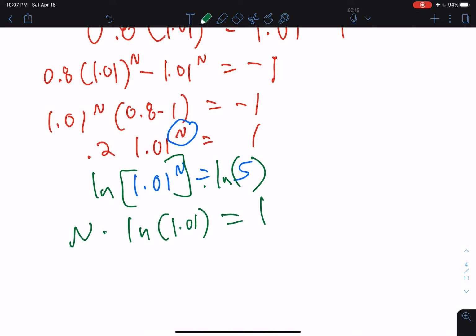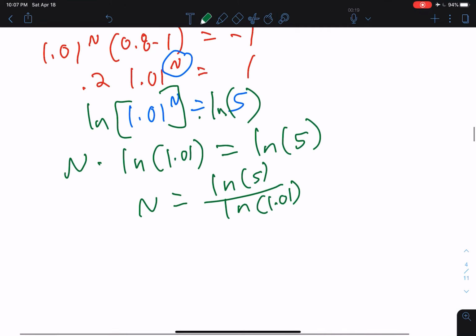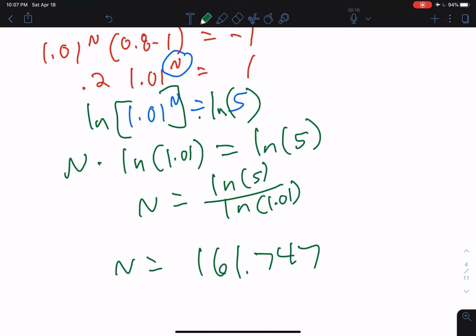And over here on the right-hand side, we have the natural log of 5. And now I divide both sides by the natural log of 1.01, and we see that n equals the natural log of 5 divided by the natural log of 1.01. And when you do that, we see that n, of course, equals 161.747, which is the same answer we got in the video that preceded this.